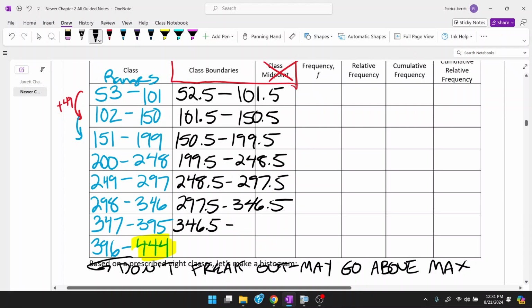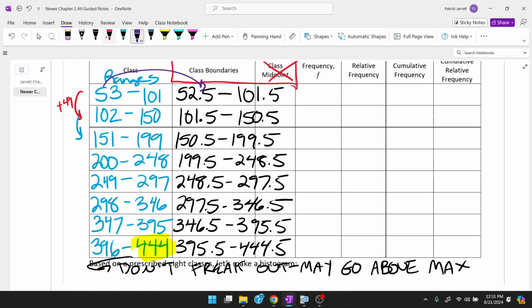Let me write this out real quick and I'll gladly explain. Basically, to go from this to this, you subtract a half. To go from that to that, you would add a half.